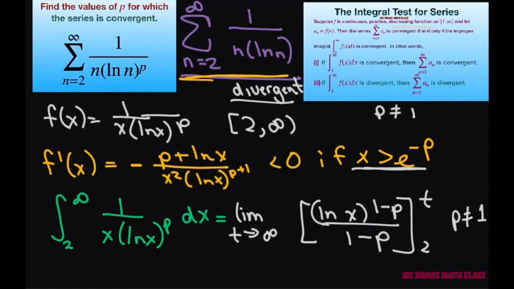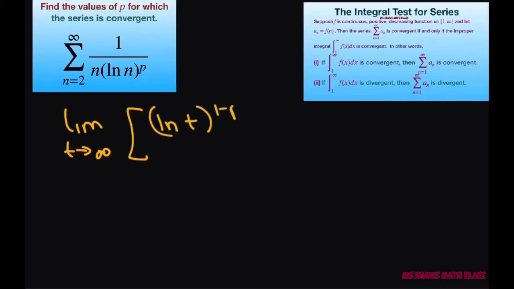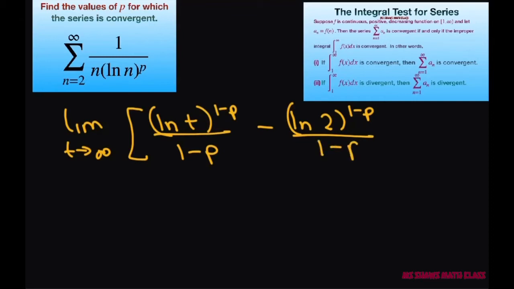Now let's substitute in our evaluation. We're going to get the limit as t approaches infinity of ln of t to the power of 1 minus p divided by 1 minus p, minus ln of 2 to the power of 1 minus p divided by 1 minus p.